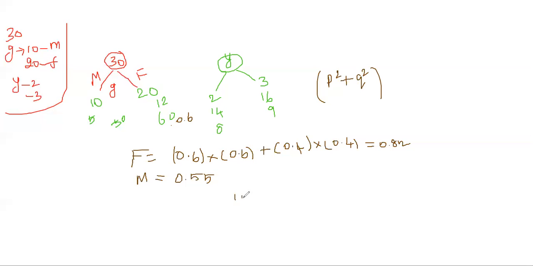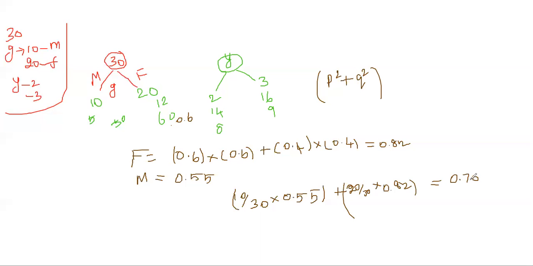There are 10 students for male out of 30, with Gini 0.55, plus 20 students out of 30 for female, with Gini index 0.82. After solving, we get approximately 0.70.